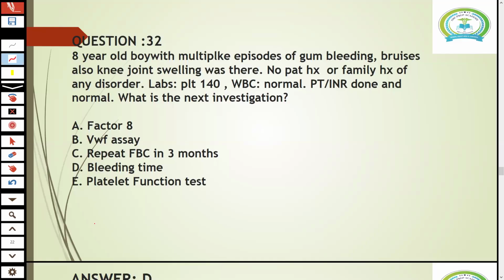Okay, so many of you think it's ITP, some with hemophilia.